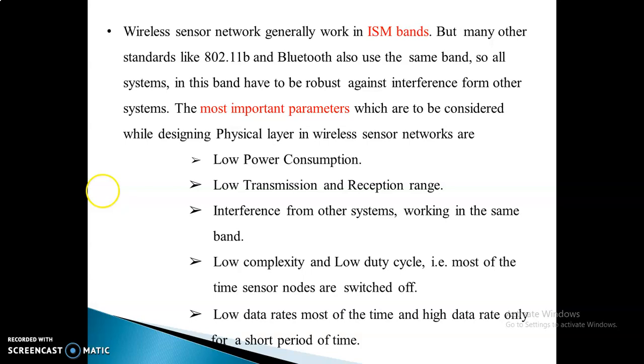As examples of the ISM band, IEEE 802.11, Bluetooth as well as 802.15.4 use the general ISM band, that is the industrial, scientific and medical band, at 2.4 GHz. This is the band they have used.